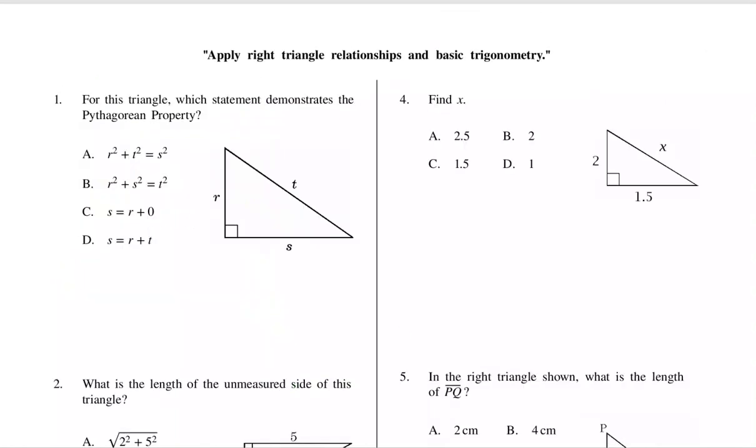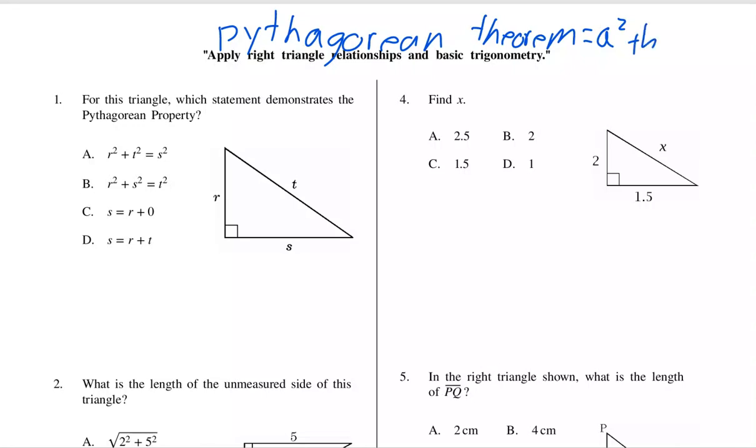For this set, we're going to be looking at right triangle relationships and basic trigonometry. First up, Pythagorean theorem. We have to remember Pythagorean theorem. Pythagorean theorem is a squared plus b squared equals c squared.